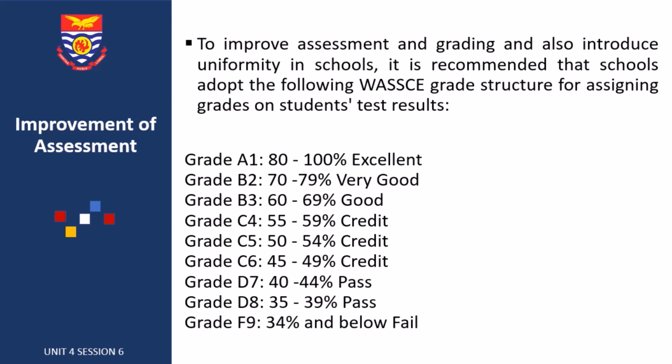So the grade boundaries, as I've indicated already, 60 to 69, 50 to 54, among others, are the grade cutoff scores. For instance, the grade cutoff scores for B2 grade is 70 to 79, as you can see. So that is the grade cutoff point for B2.